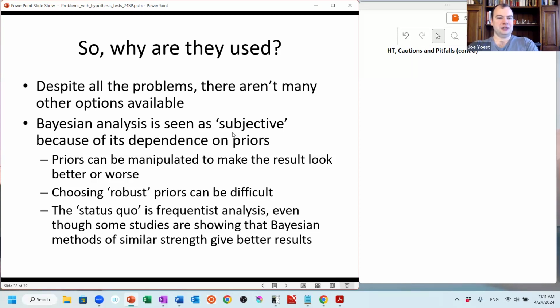But Bayesian analysis is seen as subjective because we have to come up with a prior, right? Go back to the bank robber example. What prior should we use? Should I use the national probability of somebody being a bank robber, or in our city, or in our state? How far should I go with that prior? Should I say that maybe most bank robbers are male?